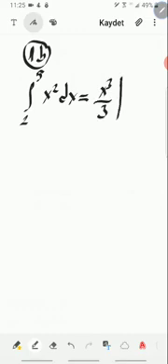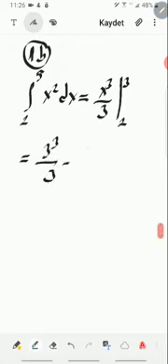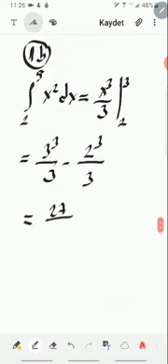And then we look at the upper and lower limit and their difference. So let's substitute for 3 and 2 in order. So here it is: 3 cubed over 3 minus 2 cubed over 3. 3 cubed is 27 over 3 minus 8 over 3.